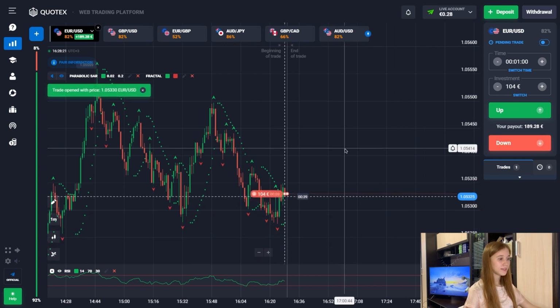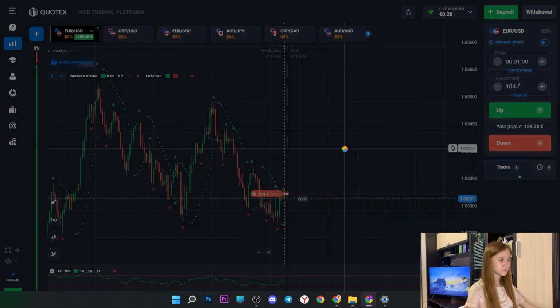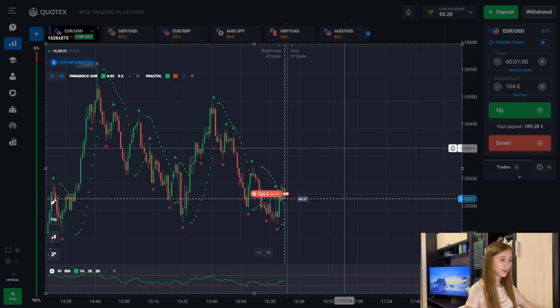So let's open a down trade here. I'll explain why. The first thing we should pay attention to is what trend we have. The downtrend here shows the usual change in the angle of the downtrend. We understand that it's in favor of correction.